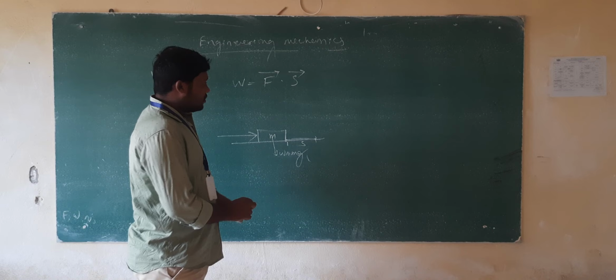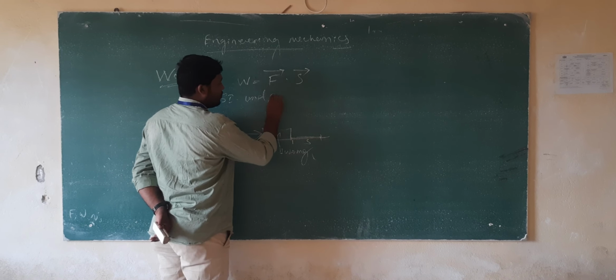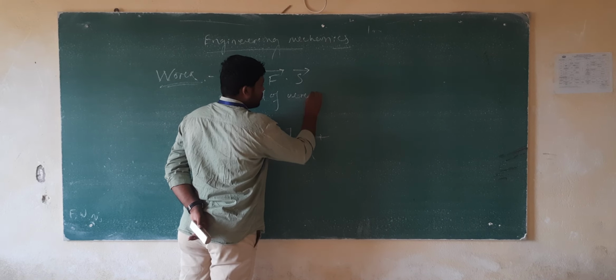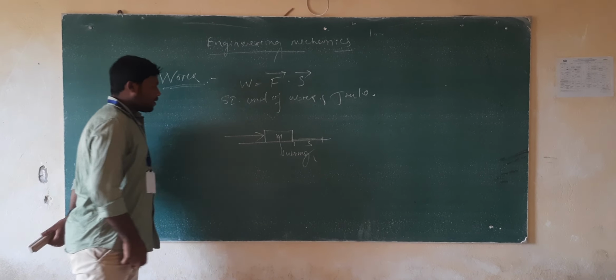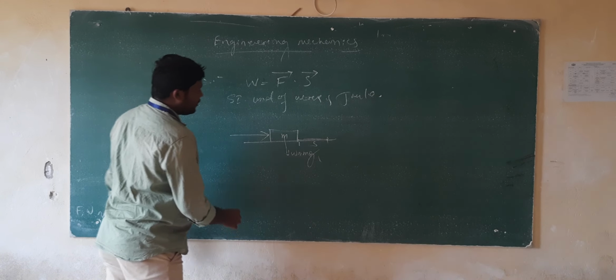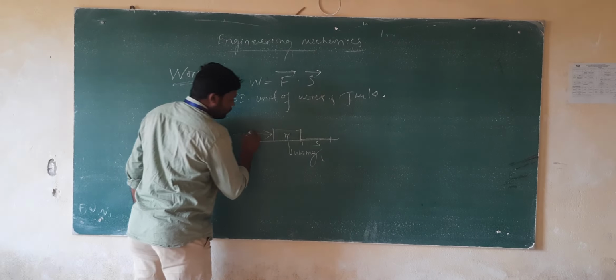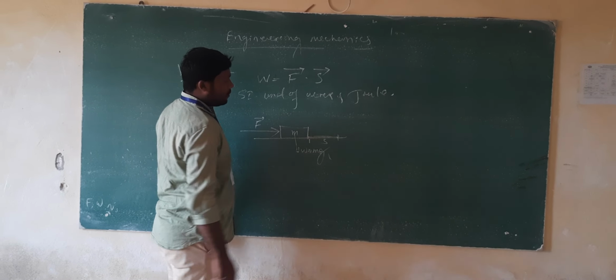Its unit, the SI unit of work, is joule. If the direction of force and the displacement are the same, then W equals F dot s.